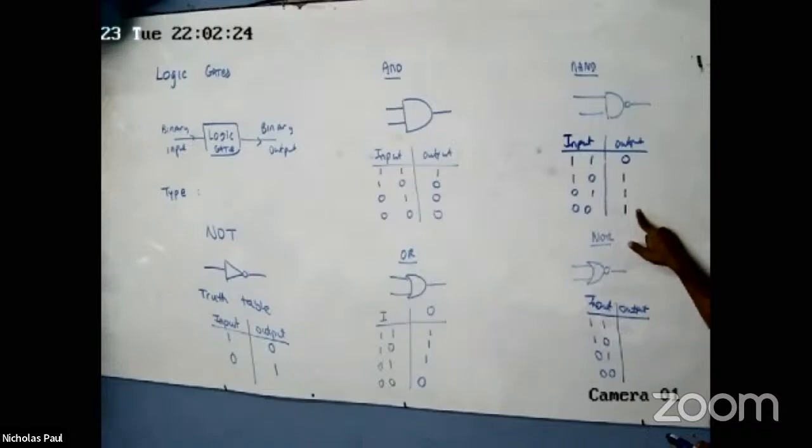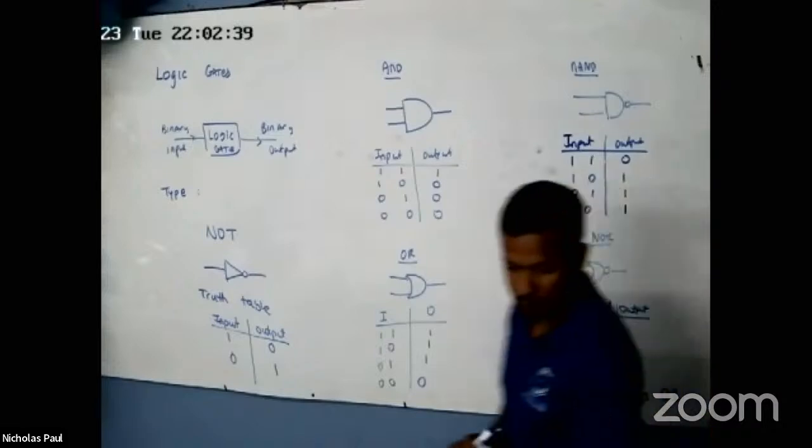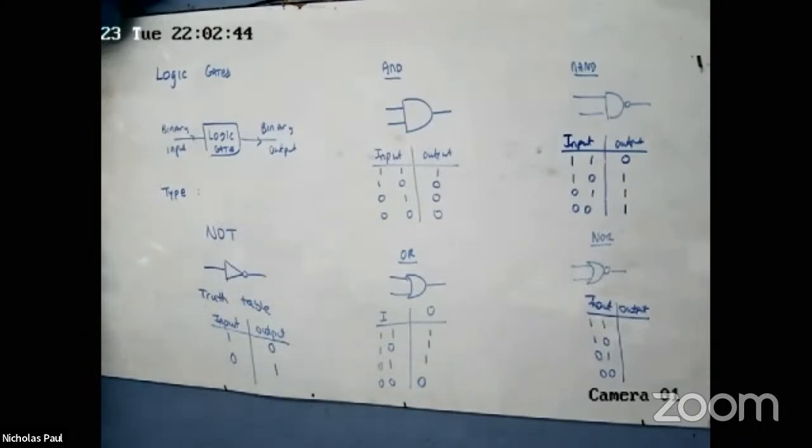Do me a favor now, Avani. Message what you think the four outputs are here for the NAND gate. Message in order, right? What do you come up with?